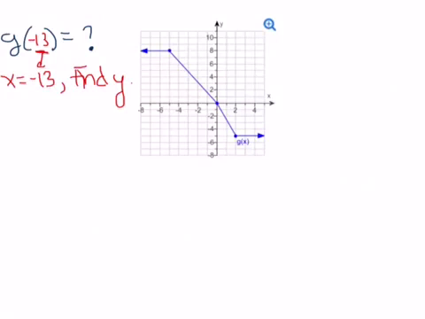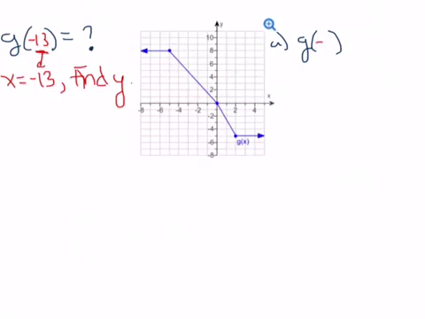Okay, before we do this problem, let's do two quick warm-up problems. For starters, over here on the right-hand side, let's do g of negative 2.